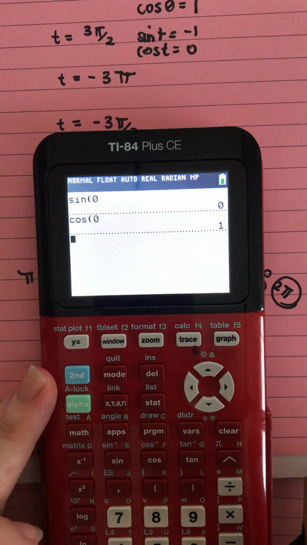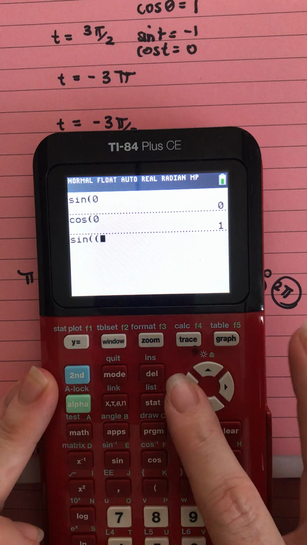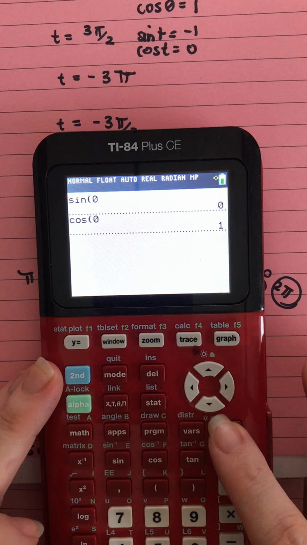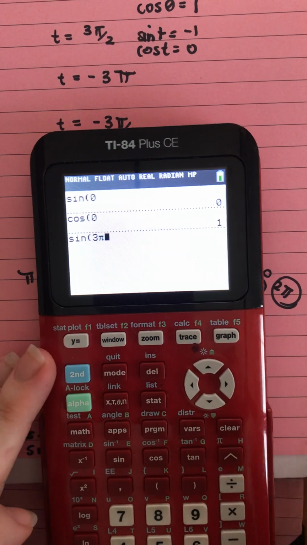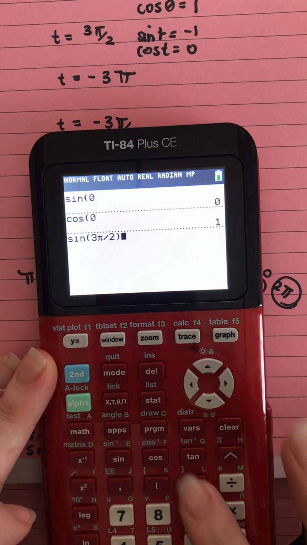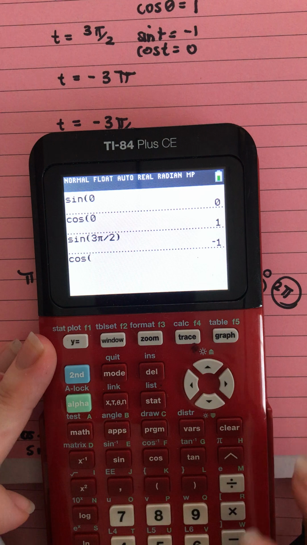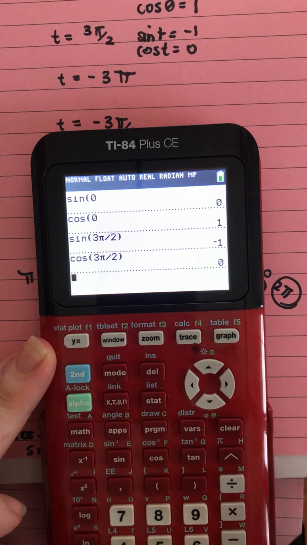We can put our 3 pi on 2 there, so we can go sine of, and I can put it in my bracket, 3 pi, try that again, sine of 3 pi divided by 2, bracket, and see how we get our -1, and then cos of 3 pi on 2, and we get our 0.